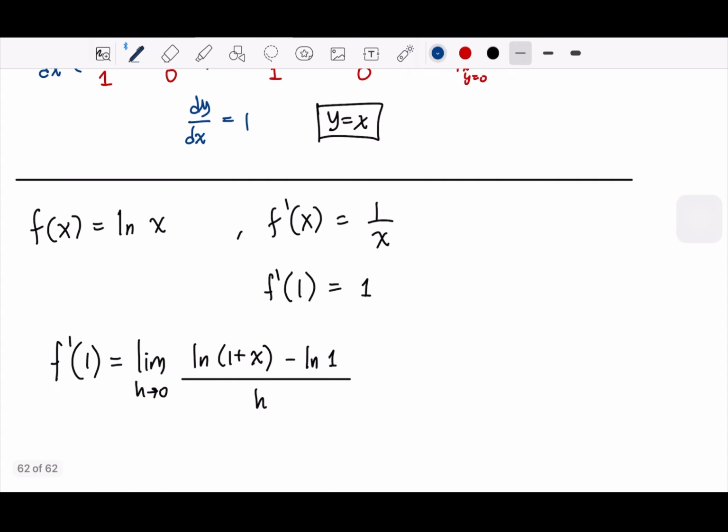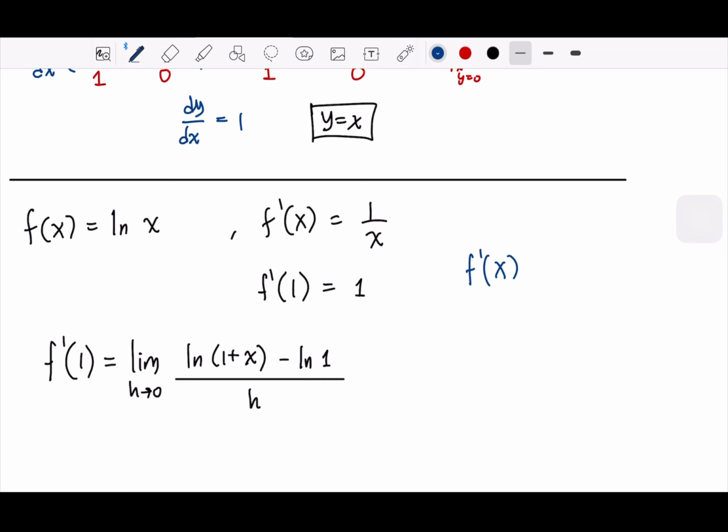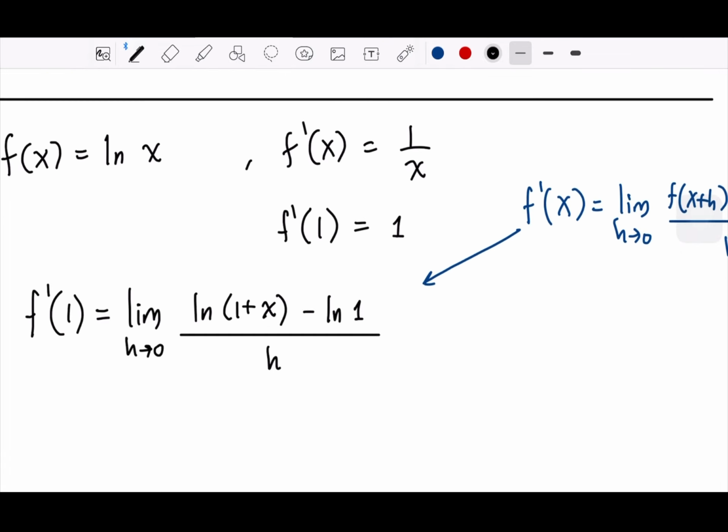Let me write the formula here. So we can take that. Now it's changing to x.